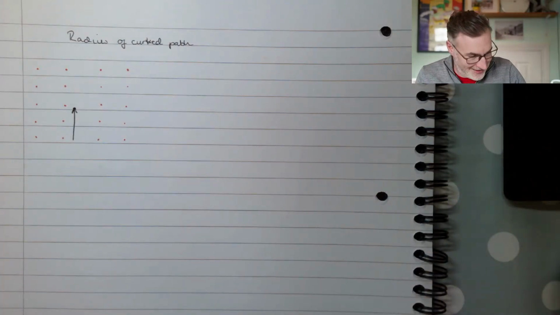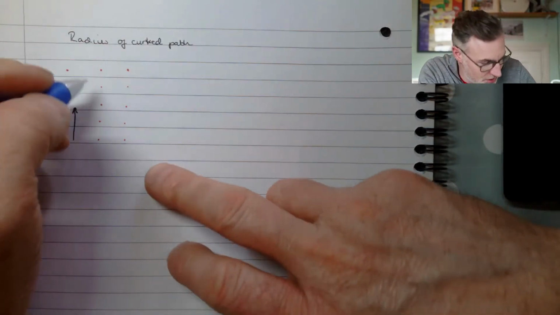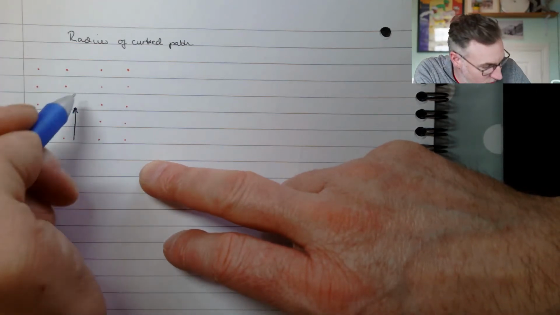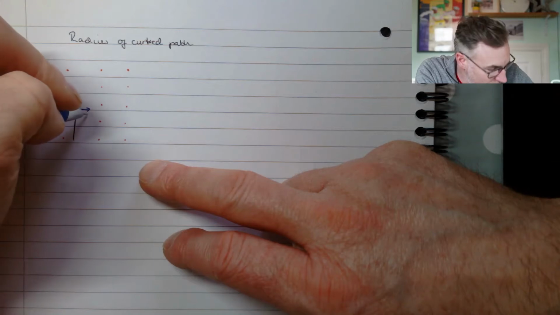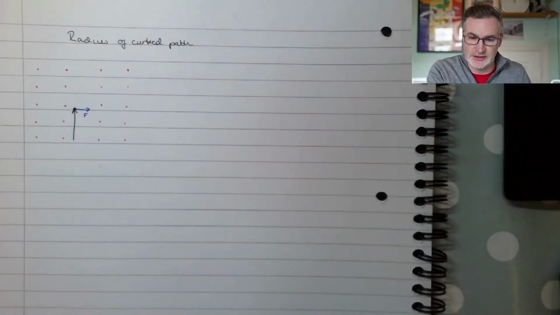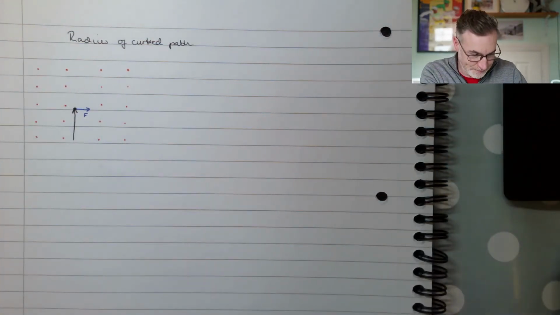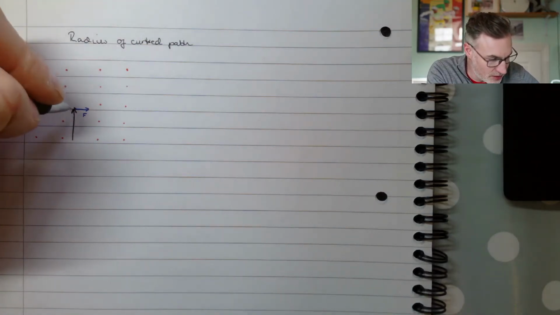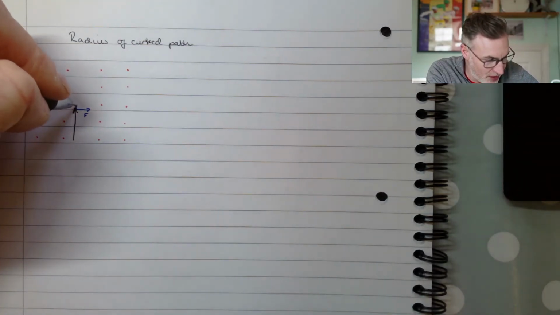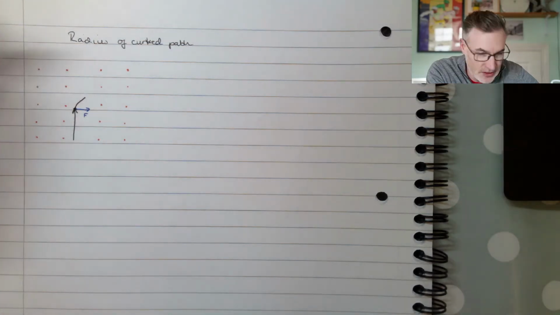So at the point where we're just going to start observing it, this particle is going to experience a force at right angles to its motion. So this is going to make the particle turn and move in a curved path, and so it's going to start to move like this.